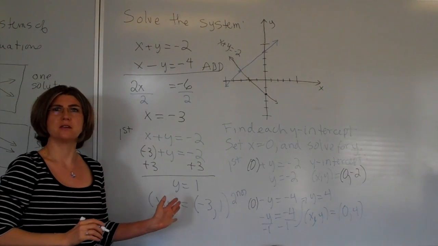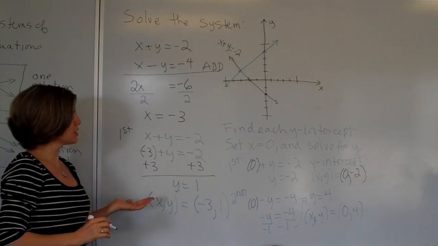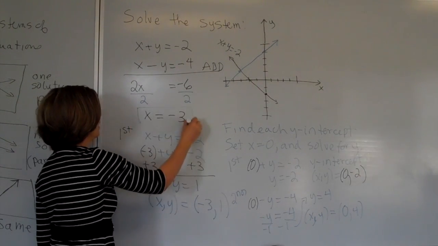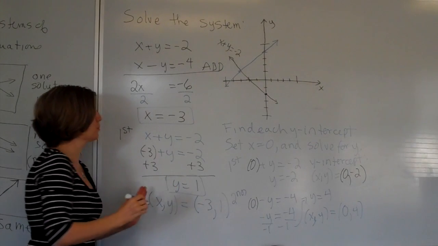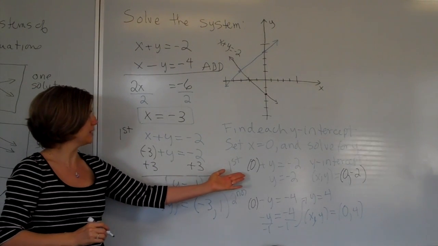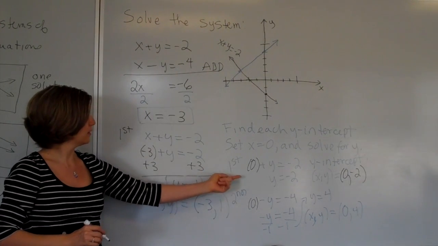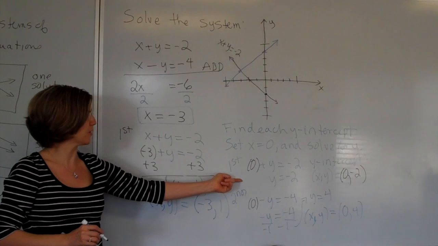Any questions about this? So, if you were asked to solve this by graphing, we would first find the x and the y that are the solution point. Then we can still create the supporting graph by finding the y-intercept for each line, graphing the start point and the y-intercept for the first line.